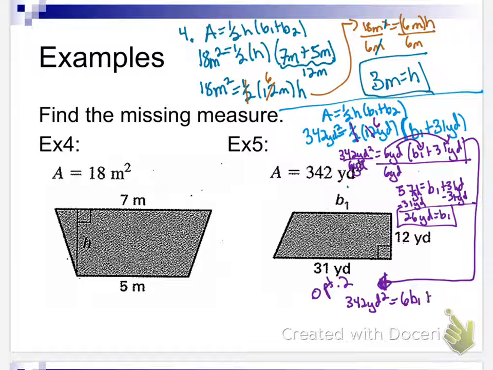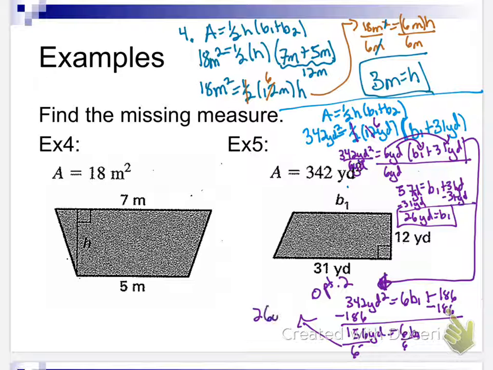Well, 6 times 31 is 186. Subtract over the 186. I arrive with 156 yards equals 6B1 divided by 6. And we arrive at that same answer of 26 yards.